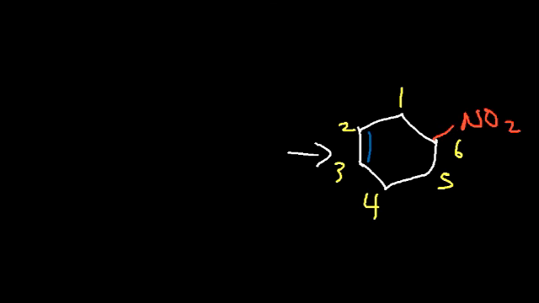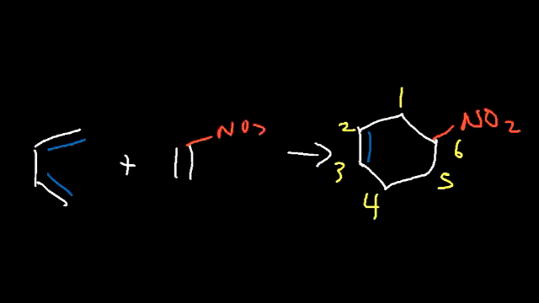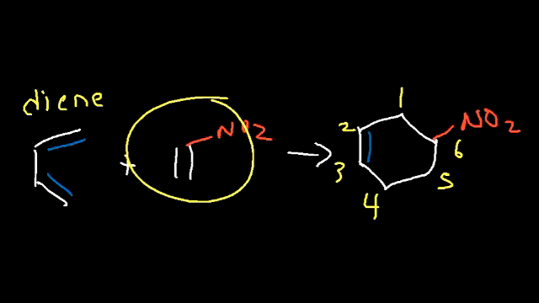And then draw your generic diene, which is always going to look like this, and your dienophile. So on the diene, the double bonds are going to be between carbons 1 and 2 and 3 and 4. That's just the way it is. And we can see on 6 we have an NO2 group. So this is the diene that was used to make it, and here is the dienophile. So you just got to work backwards.